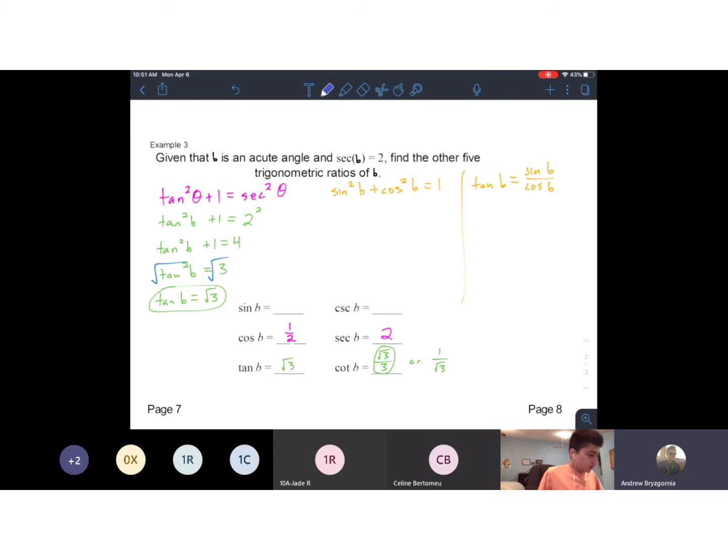Since we know tangent of b is square root of 3, I'll put that in. We don't know sine of b yet, but we do know that cosine of b is 1/2. Then we just need to multiply both sides by 1/2, and it looks like we're already done, because we got square root of 3 over 2.